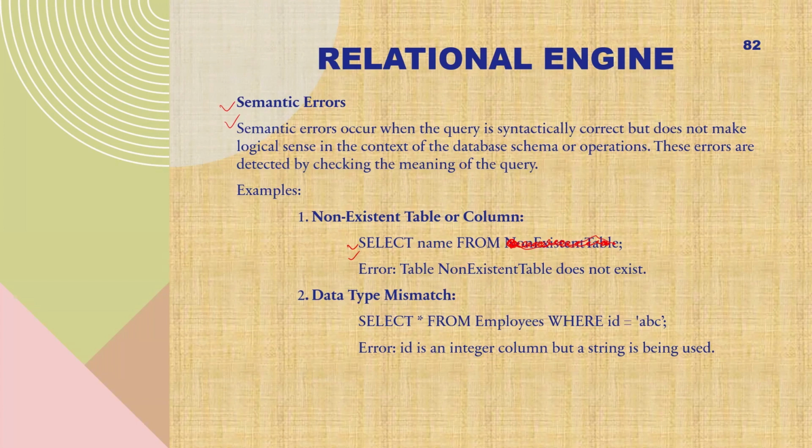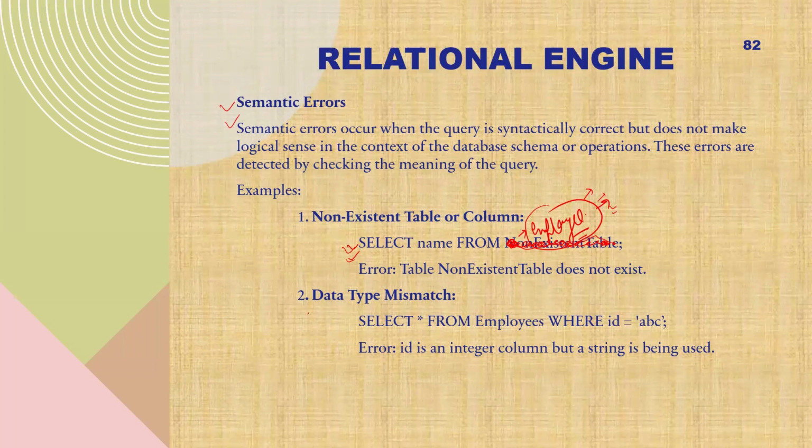But the employee table does not exist here. Suppose the employee table is not in our database, and we are running select name from employee. This will be a semantic error. If our table does not exist, it will throw an error and the query will not move forward, right?